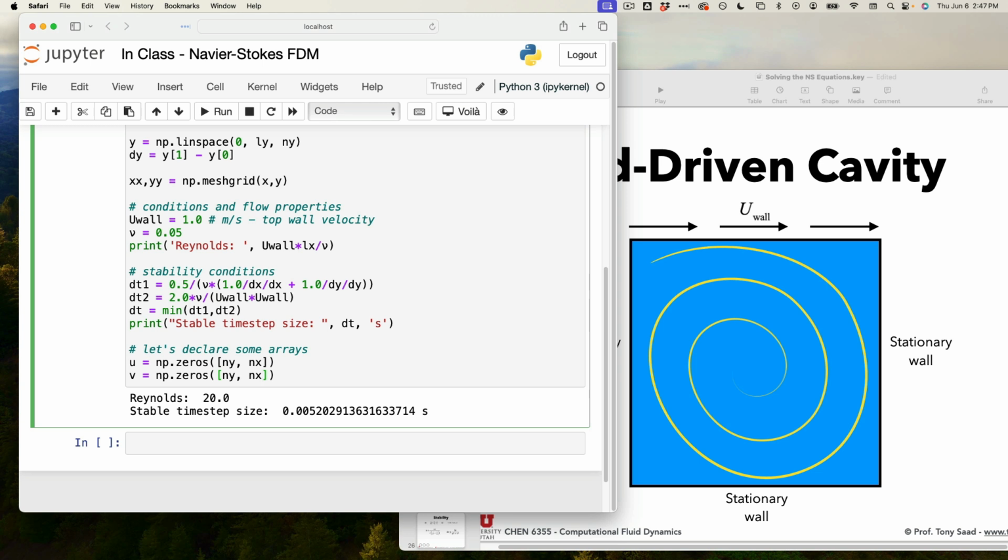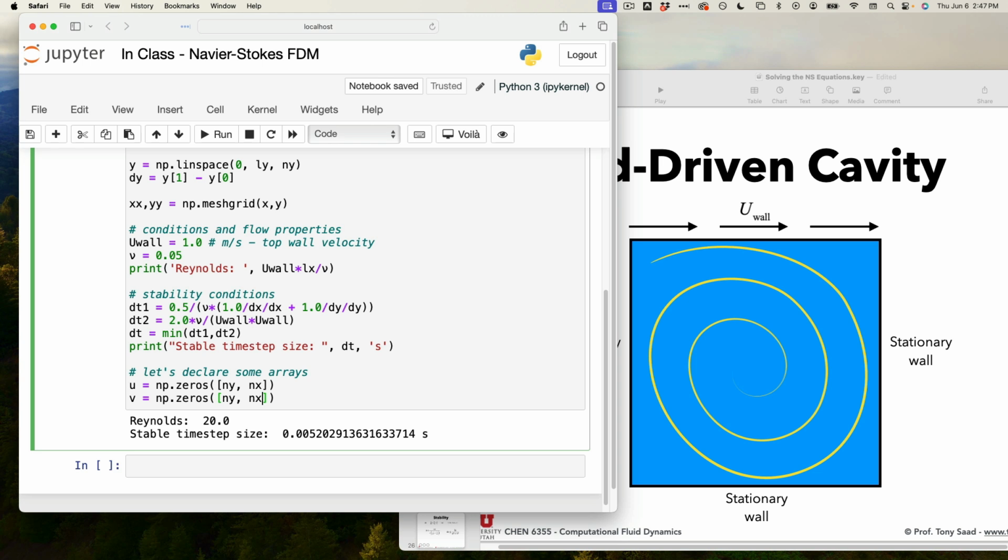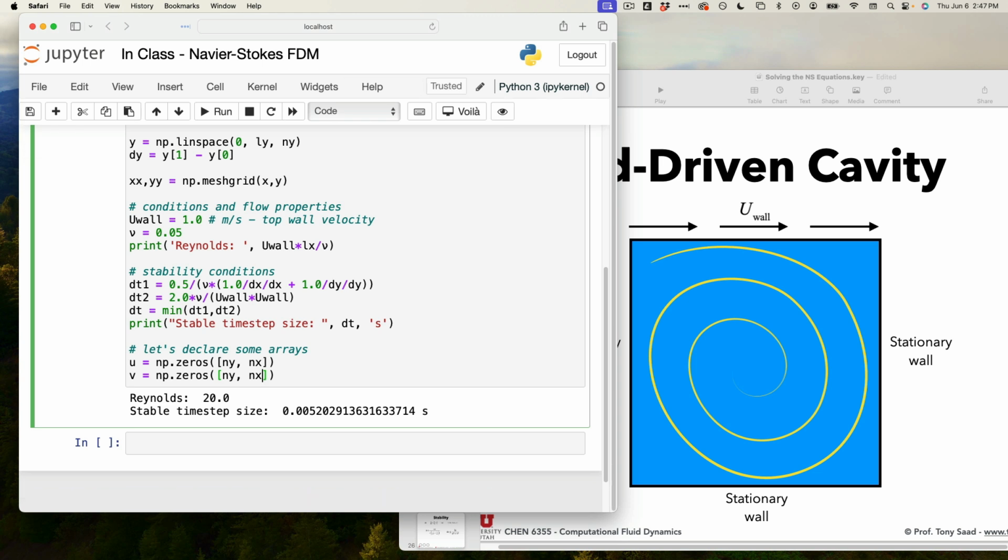If I had Neumann conditions, which we don't because we said we're going to deal with specified boundaries, we are going to have a Neumann condition on the pressure, but we will do what you learned on Tuesday. We're going to use an interior stencil to get that Neumann condition. So we don't need a ghost point to make that Neumann condition work. We will just use points from the interior.